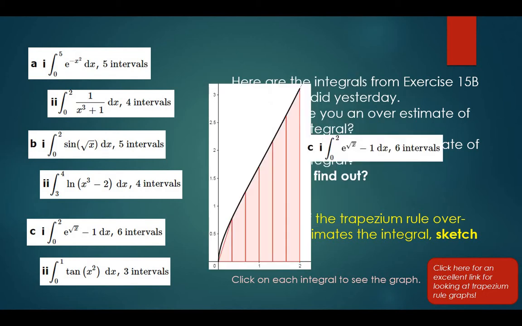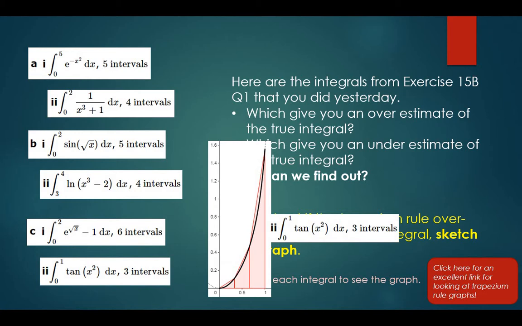We have the same situation, or something that looks very similar, for this example here. And for our final example, we can see that the curve is always curving upwards here, and that the trapezia therefore extend above the curve. These straight lines lie above the curve, so our trapezia are always overestimating for this example, and so overall the trapezium rule is going to give us an overestimate of this integral.